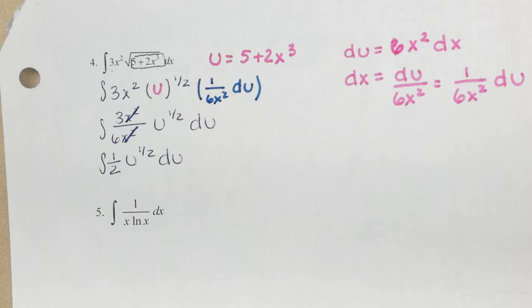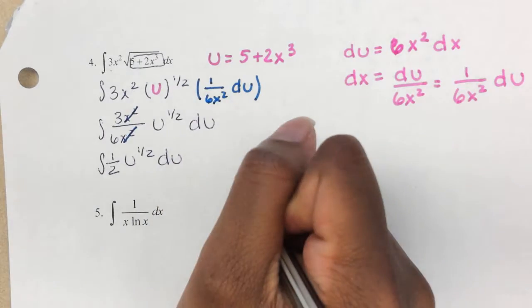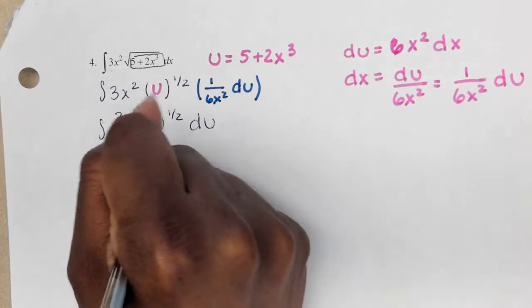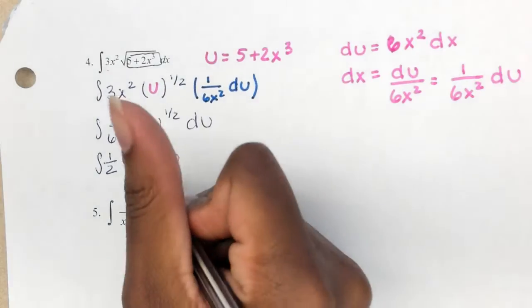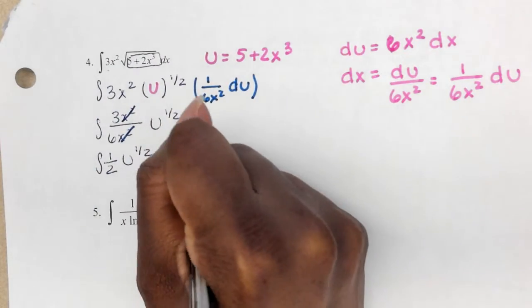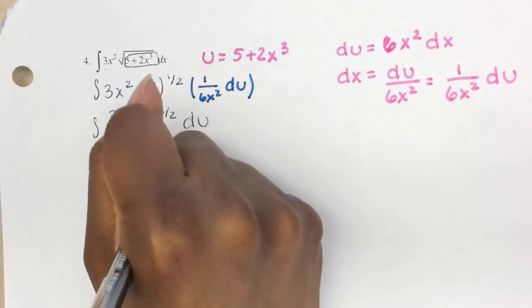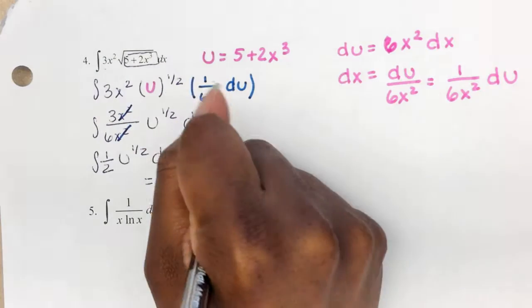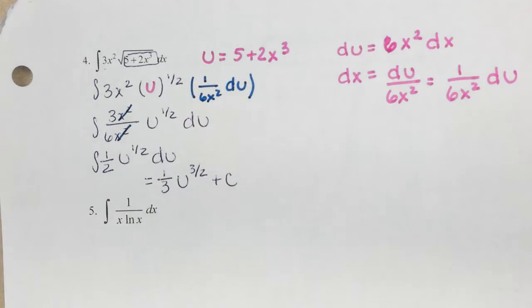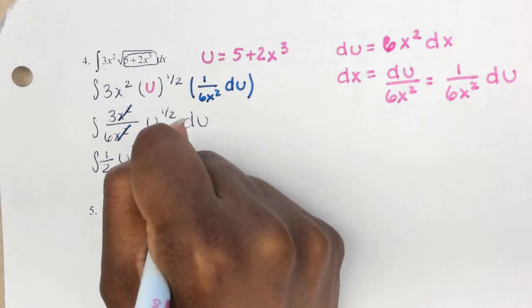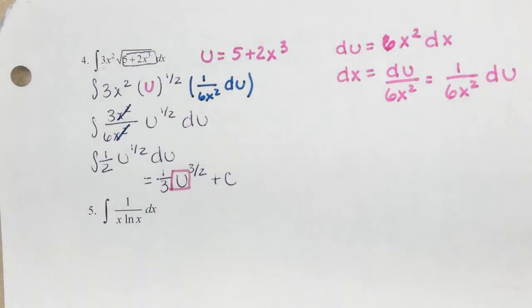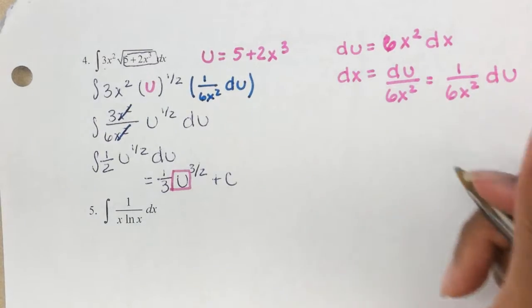And when I integrate that, I add 1 to my exponent, so u to the 3/2, and multiply my coefficient by my new exponent, so 1/2 times 2/3, which is 2 over 6, which is 1/3, plus c. And then my final step, replace my u.